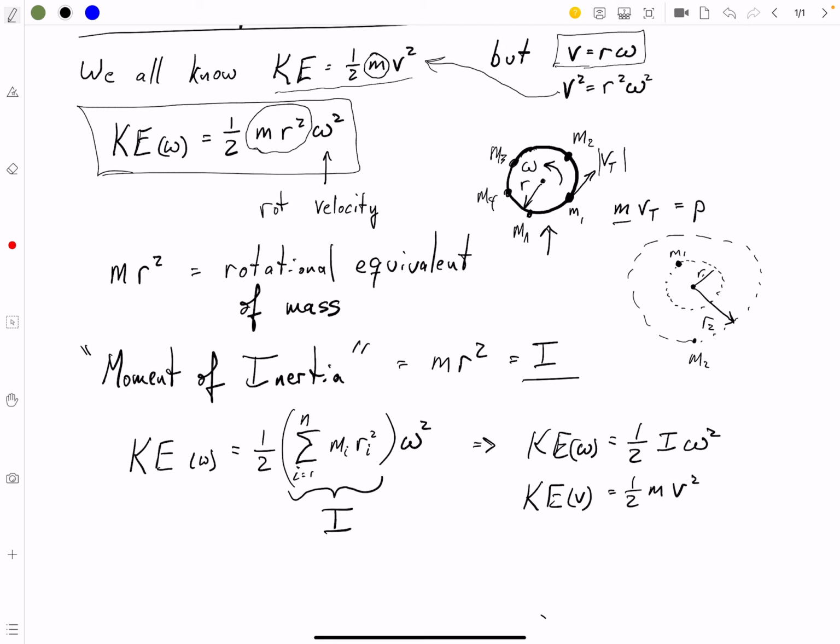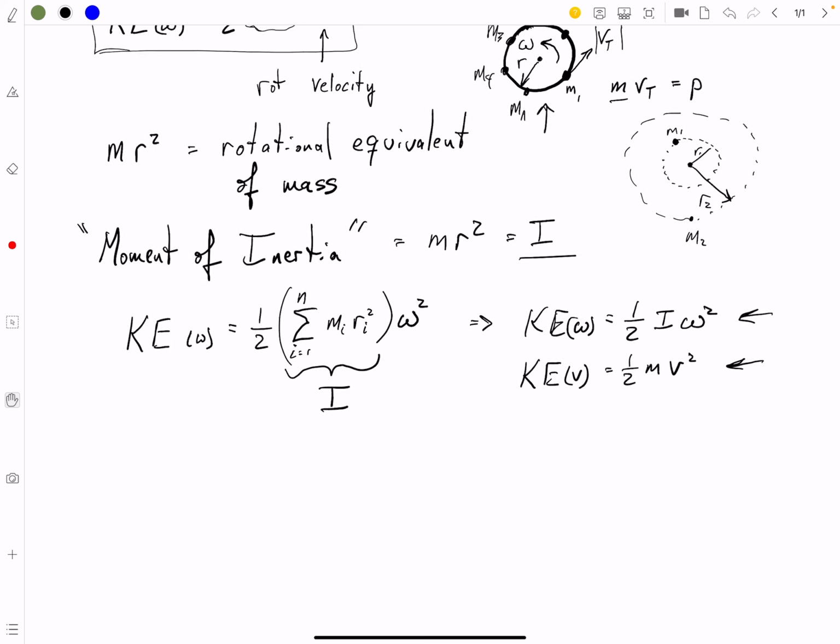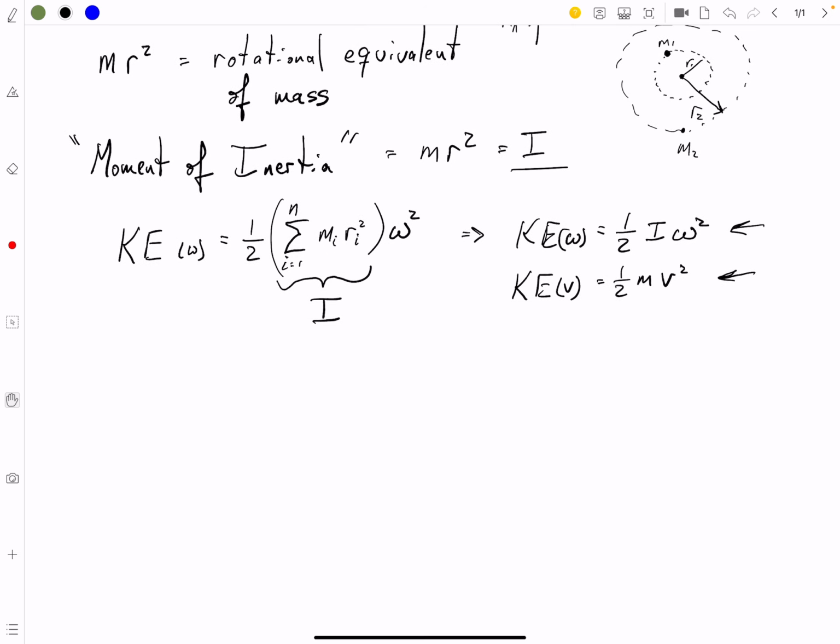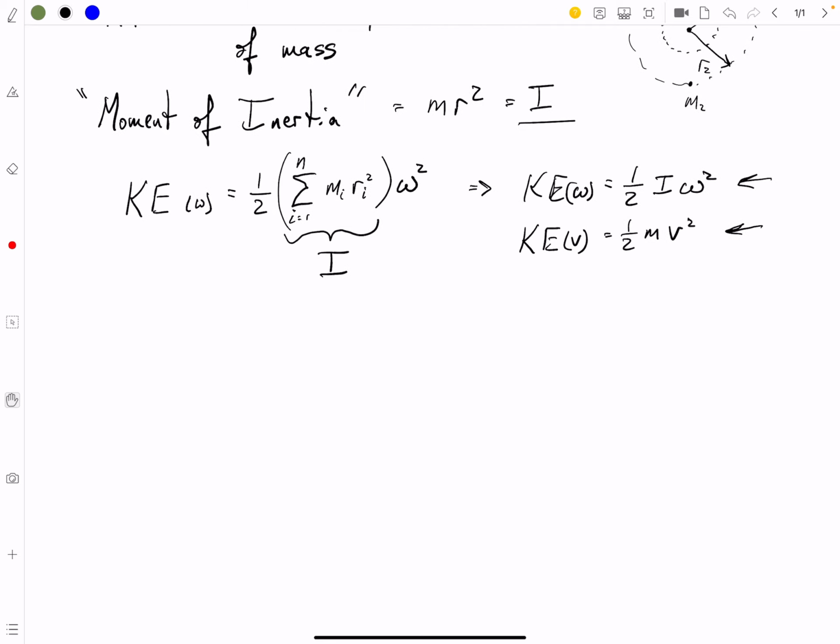Okay, so we've got rotational kinetic energy, and we've got our linear kinetic energy. All right.